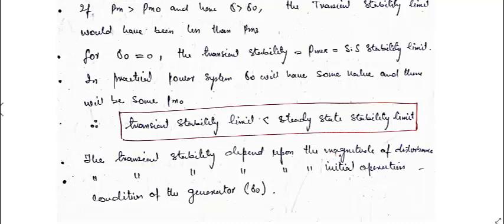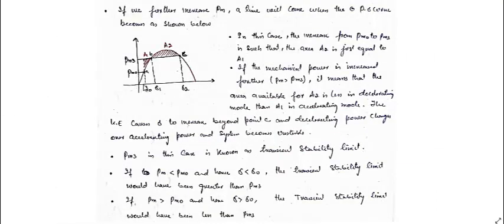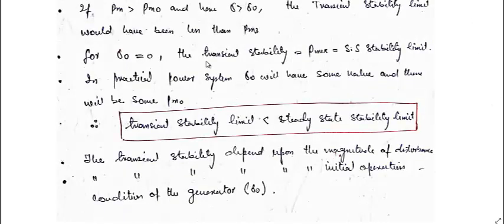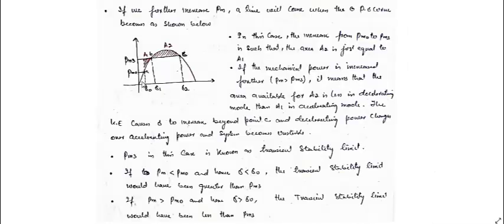For delta naught equal to 0, PE is equal to 0, and Pm naught will also be equal to 0. Then we can have this load change from this point to this point, that is Pmax. The transient stability limit, that is Pm3, we can take as Pm3 equal to Pmax.